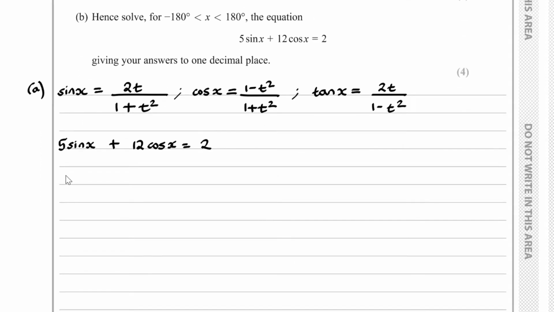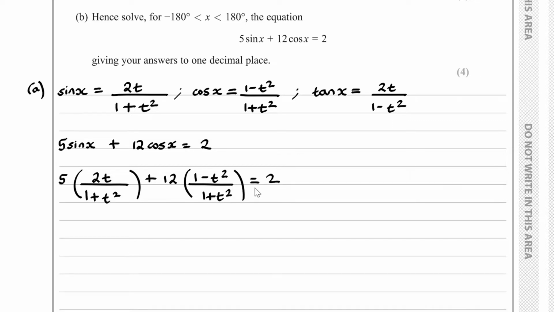So we have 5 lots of 2t over 1 plus t squared, and then we add on 12 lots of 1 minus t squared over 1 plus t squared, and this of course is equal to 2.